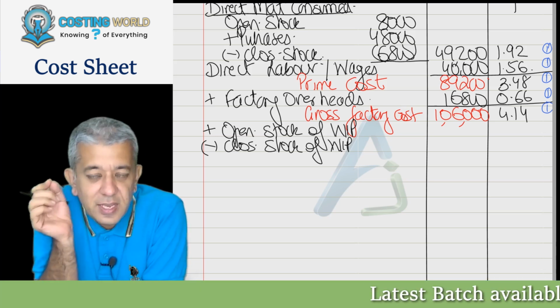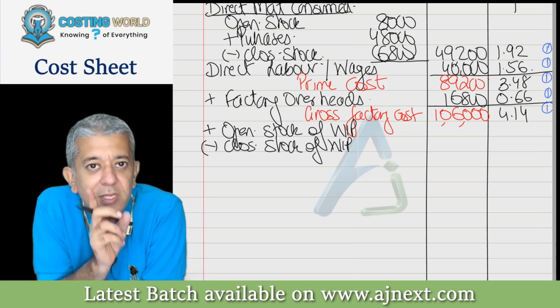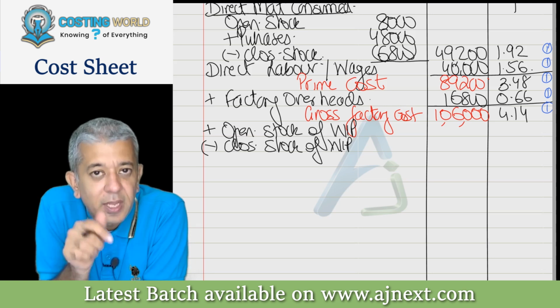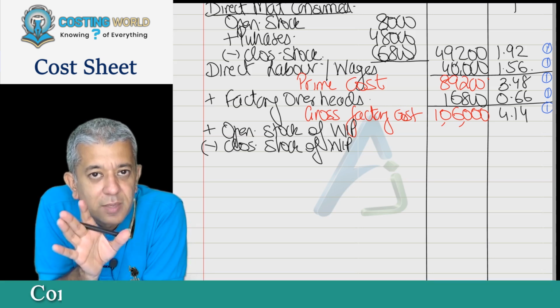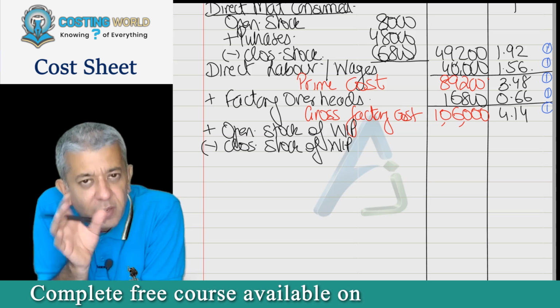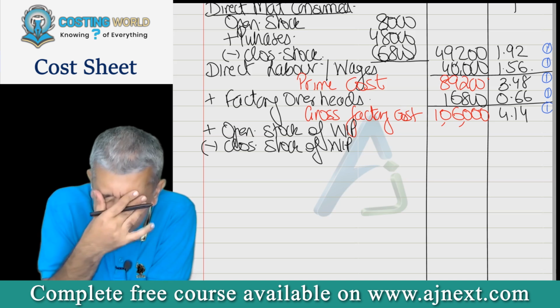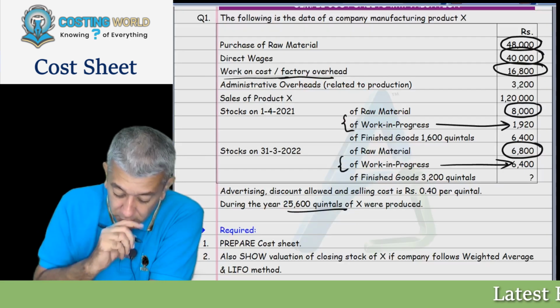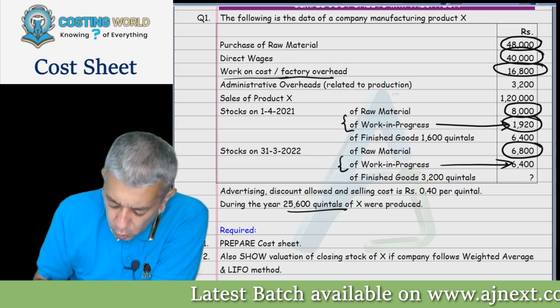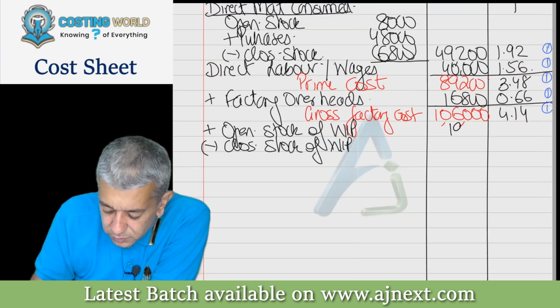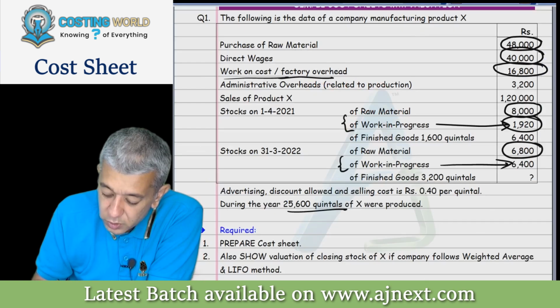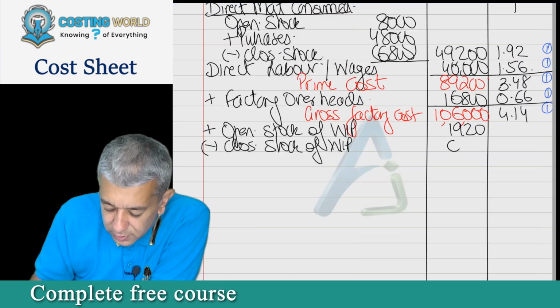Whenever you less anything, put that number in brackets, please. Else in exams, you will add up and then you will be coming out of the exams. So please ensure that you develop these small habits. Whenever you have to less something like closing stock and all, put that figure in brackets, please. So, opening stock 1920, closing stock 6,800.